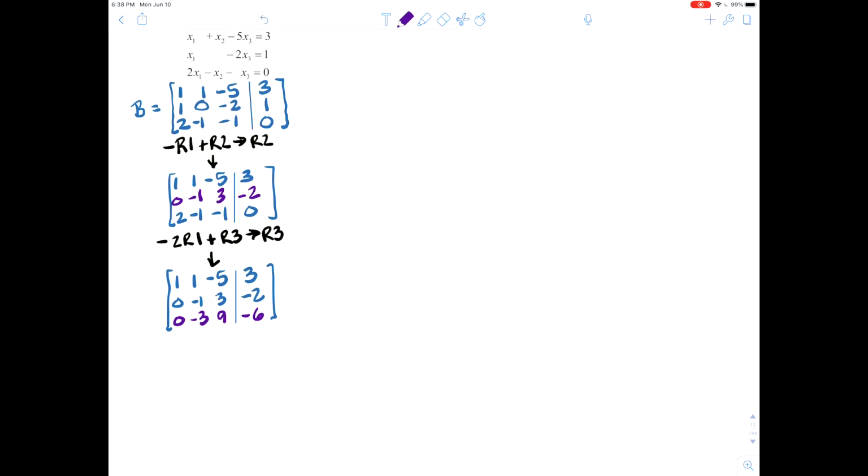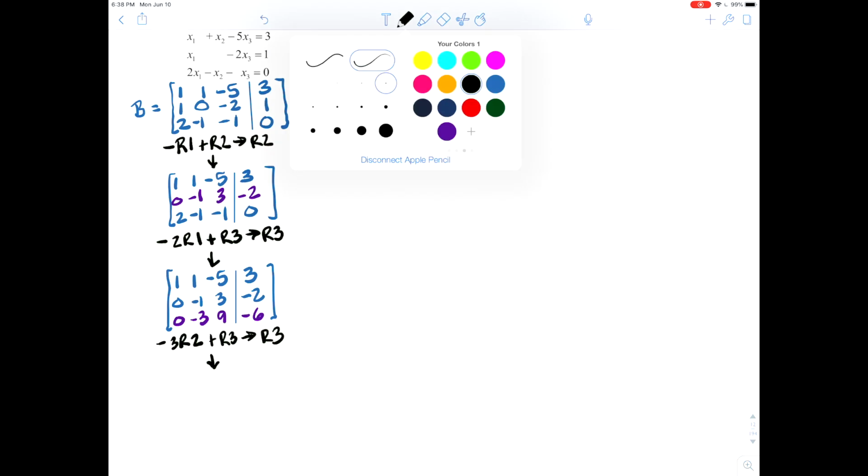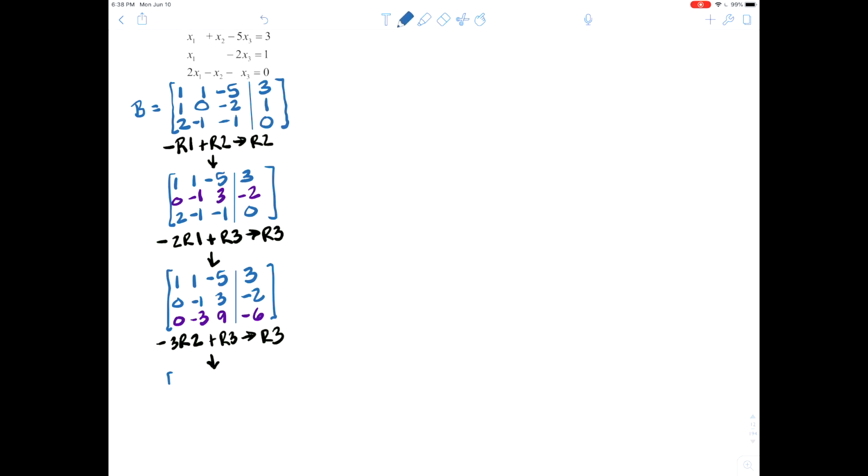Alrighty. Next up, what do you think? Well, if we do -3 row 2 plus row 3, we'll get a new row 3. So then we'll have 1, 1, -5, 3. 0, -1, 3, -2.